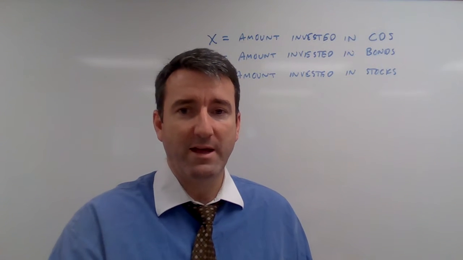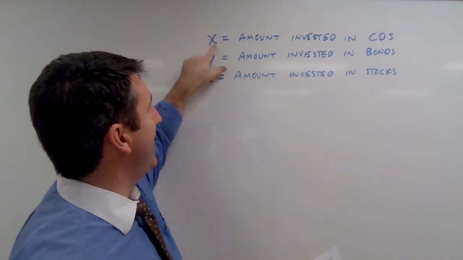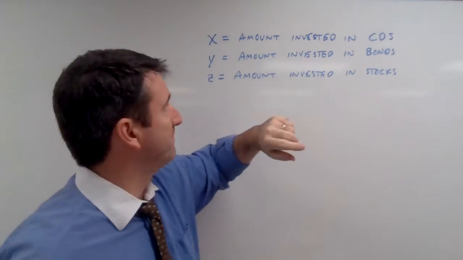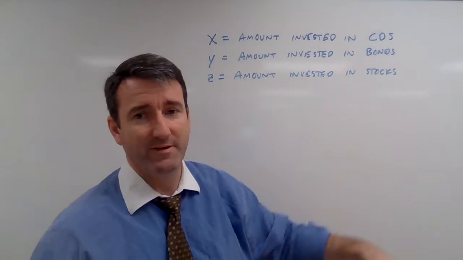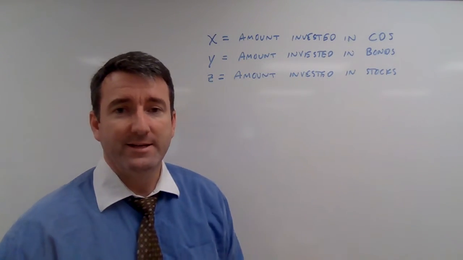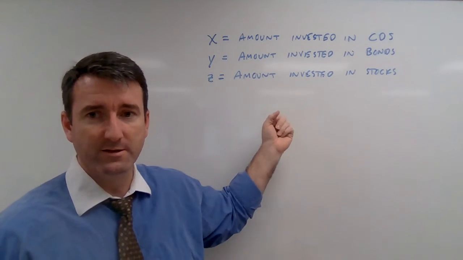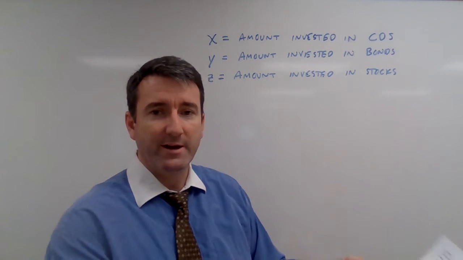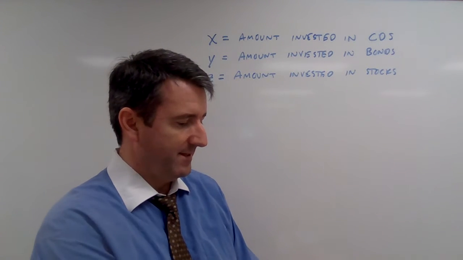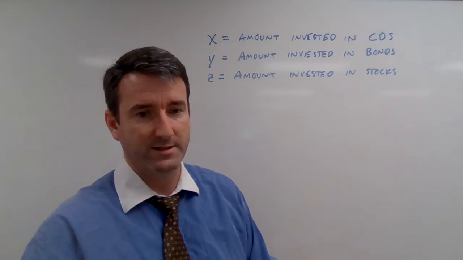So let's call X the amount invested in CDs, Y the amount invested in bonds, and Z the amount invested in stocks. Since we have three variables, in order to get a unique solution for each one, we need three equations. So our next step is to take the information we've been given and write three equations.